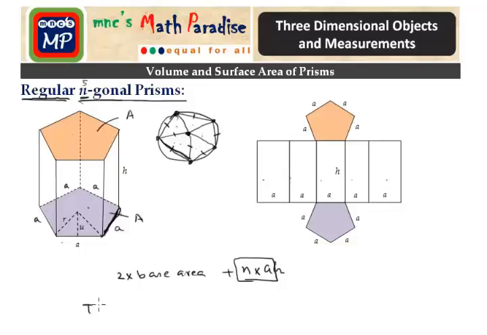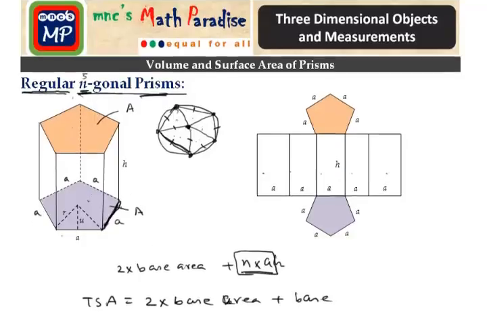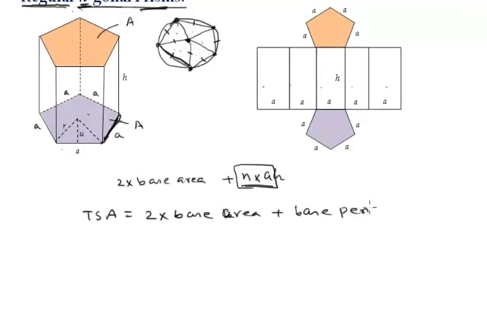So the total surface area formula remains the same. It does not matter what is the order of the polygon. The total surface area for a prism will always be 2 times the base area, plus this n times A, which is the perimeter of the base, so that is base perimeter times height.